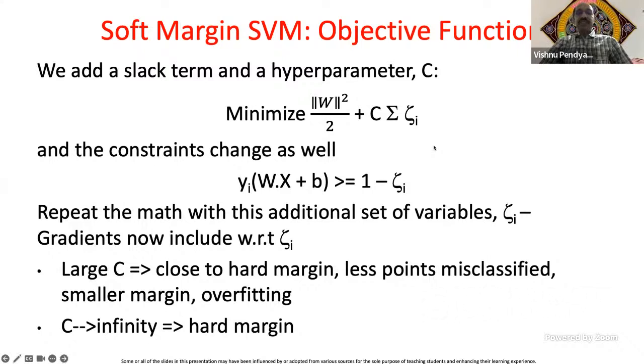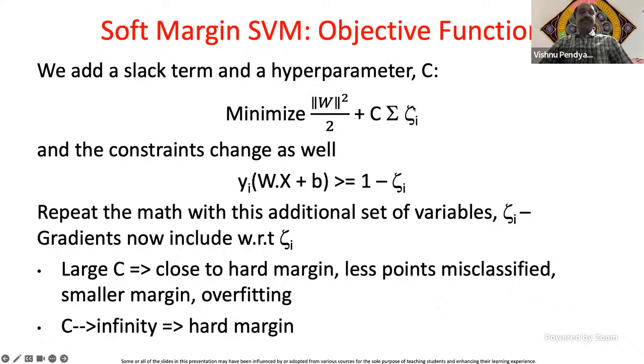So some observations to make. Zeta is basically violation of a constraint, right? So if the constraint is violated, we want C to go to infinity, right?